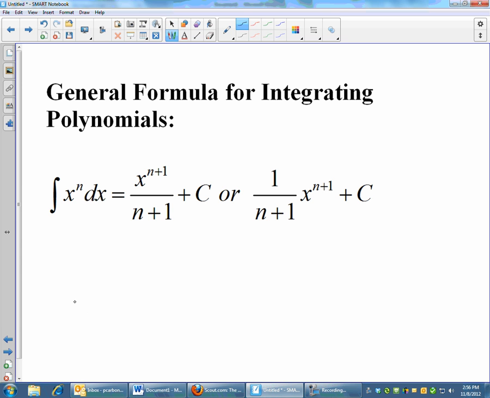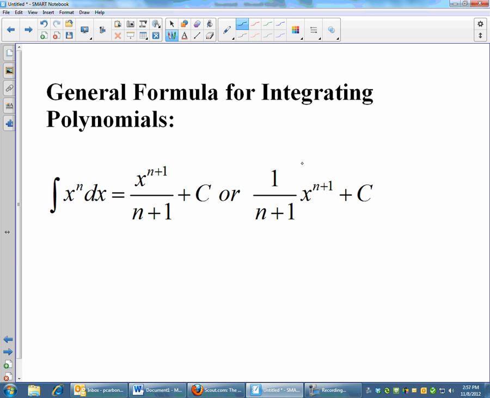If you think about derivatives, we brought the exponent down and multiplied, and then we subtracted one. We're going to do the exact opposite here. If it's x to some power, we will add 1 to the power instead of subtracting, and then we will divide by the new exponent instead of multiplying by the old exponent, which is what we did with derivatives. So we do everything in reverse. We add 1 to the power and then divide by the new power.